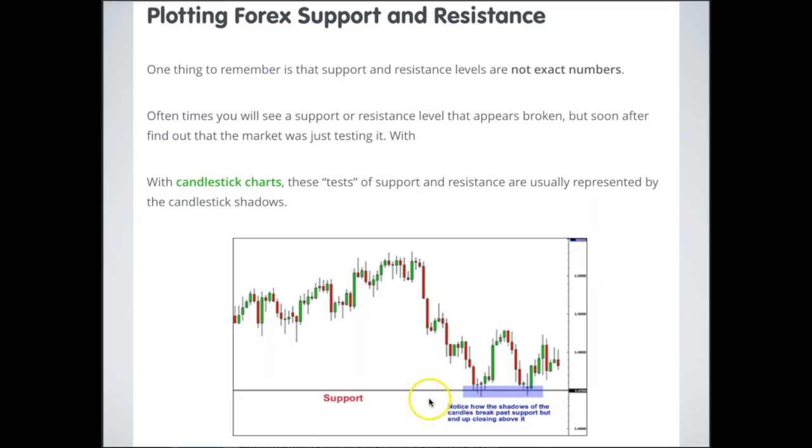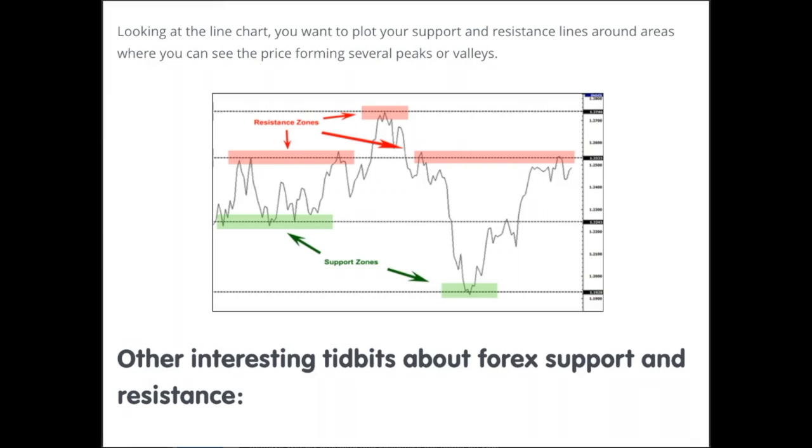That's why we use wicks to place our support and resistance lines. The rule of thumb is at least 3 wicks in the same area to be considered a support or resistance. So right now we have 1 that crossed it, 2, 3. So this is a great support area. So you can predict that these candles pretty much won't come back to this area, so you can keep trading this way. That's basically how you use it.